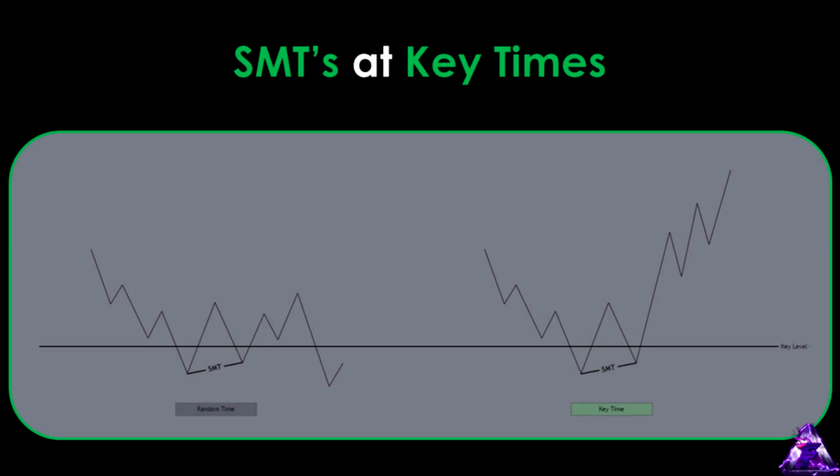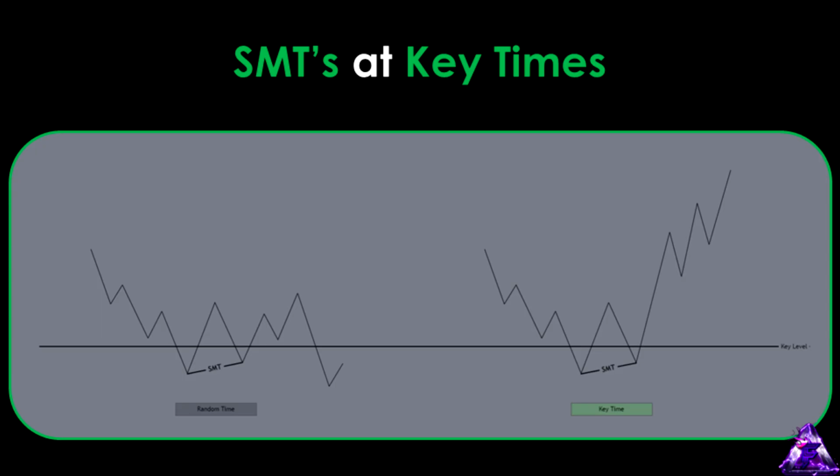Here, we'll again discuss two types of reactions to key levels and two types of SMT divergences. By now, I hope you understand the framework, but if not, let me explain. The green area represents a key time, which could be any key time depending on the time frame that you're looking at. If it's the 15-minute time frame, this would represent a kill zone.